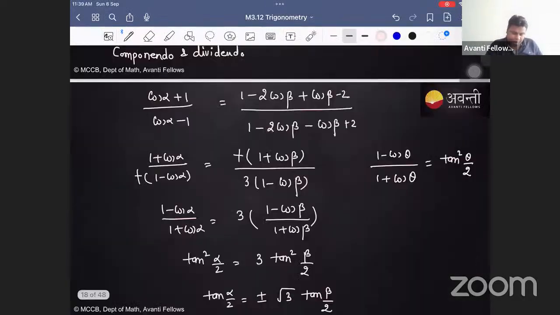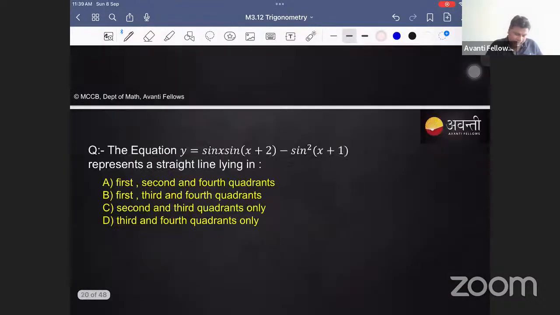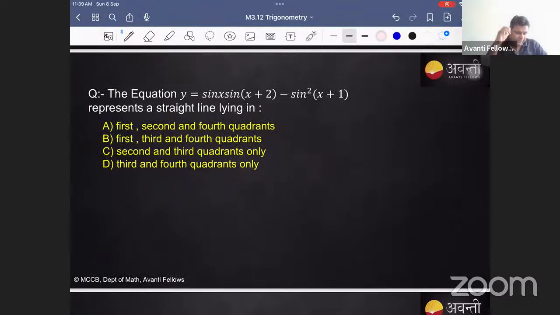Now, see the equation y equals sin x plus 2 minus sin square x plus 1. You try it once. I'm launching a poll. I give you 2 minutes to think on it. Yes, quickly.